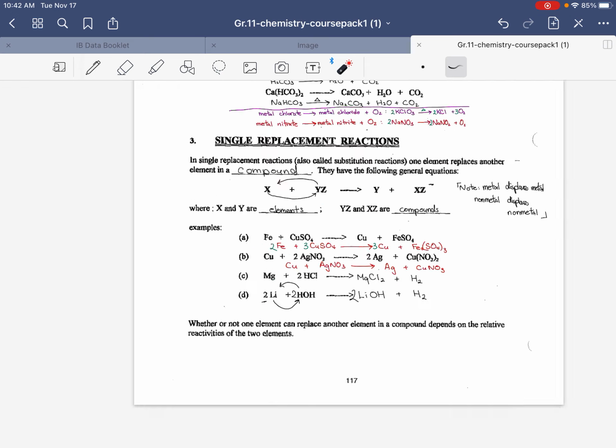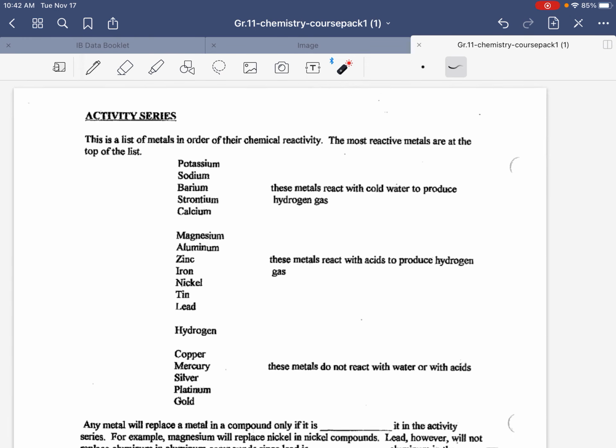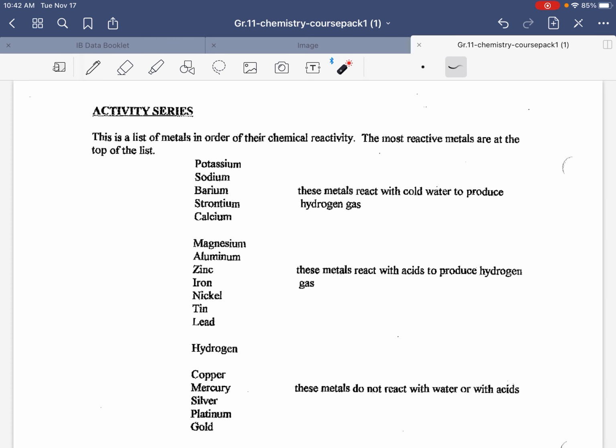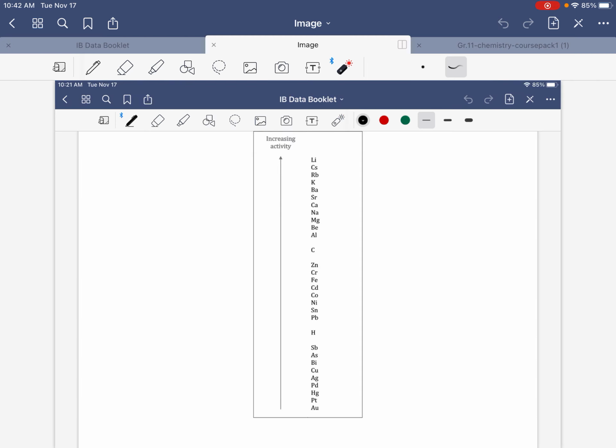So let's take a look at the next page right here. I'm going to show you this thing called the activity series. Now, for you students, you also have the activity series in your IB booklet.